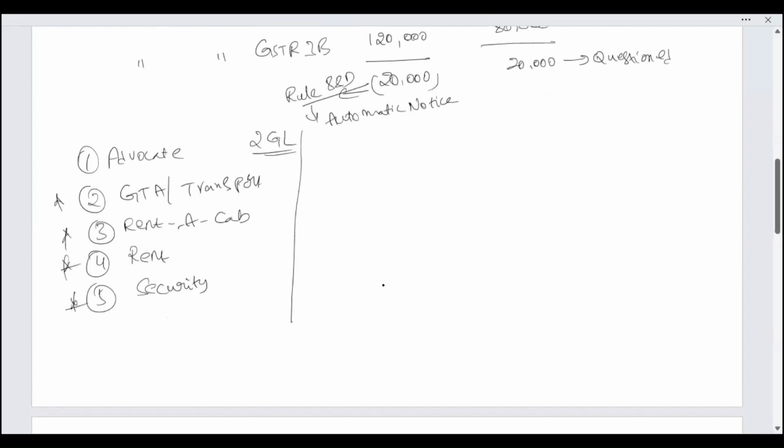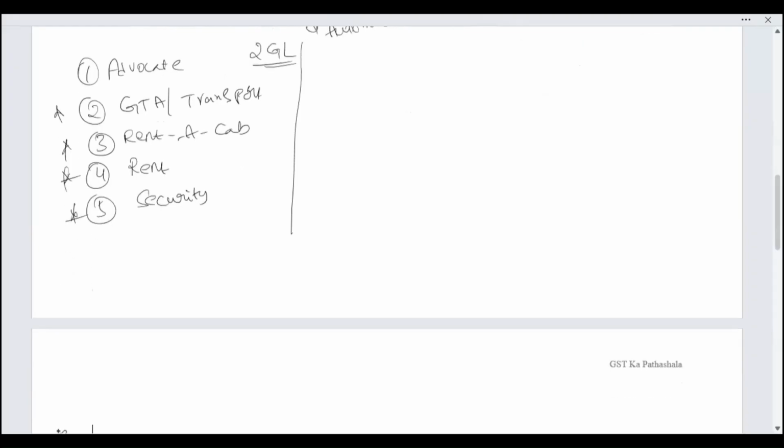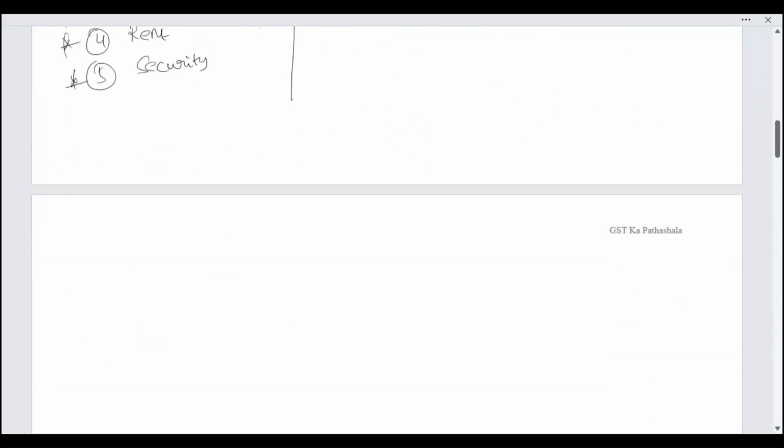Now, we'll move on to related party transactions, which is a little important.